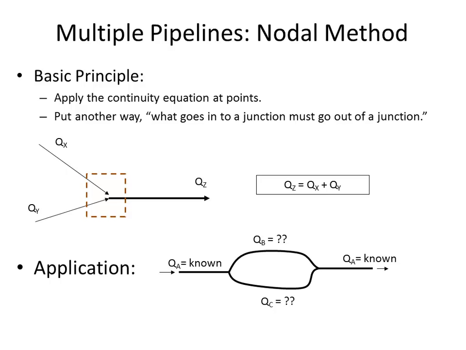Here's where we're going to be applying it. Flow going through a pipe at a known flow rate, and then reaching a junction where it could go partially through the top pipeline, partially through the bottom pipeline, and we don't know necessarily what the relative flow rates through each are.